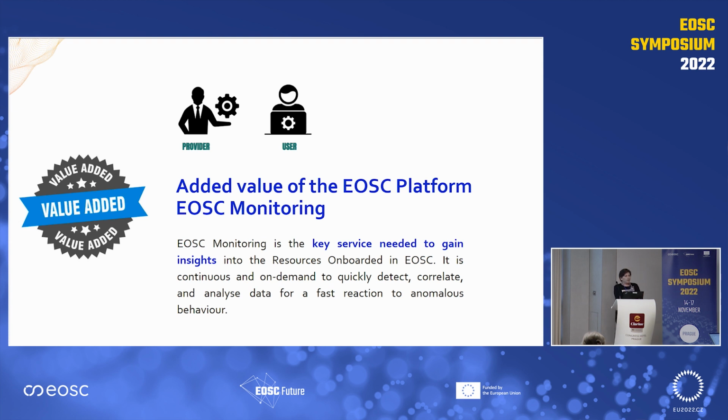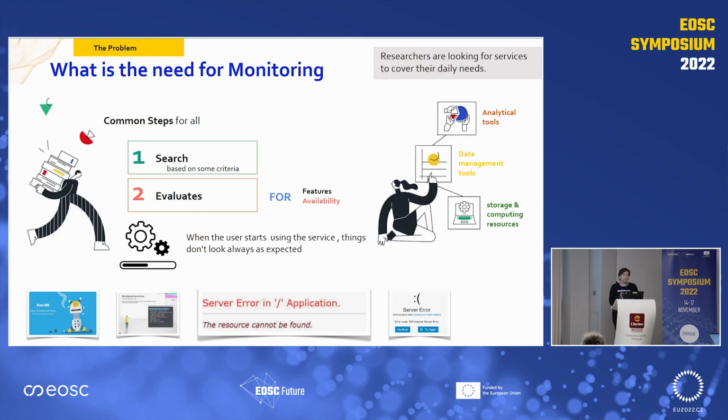No, it's not testing or evaluating the service as I mentioned in the previous slide, but what it's doing is that it's another way of trying to use the service. It is the key service needed to gain insights about the resources onboarded in EOSC. It is continuous and on demand, to quickly detect, correlate, and analyze data for a faster reaction to anomalous behaviors.